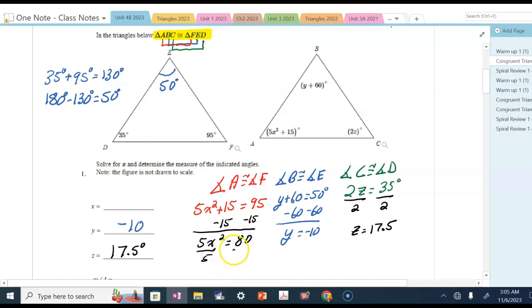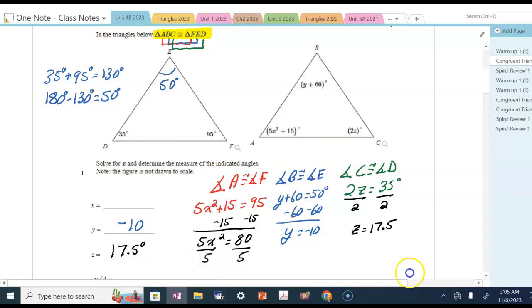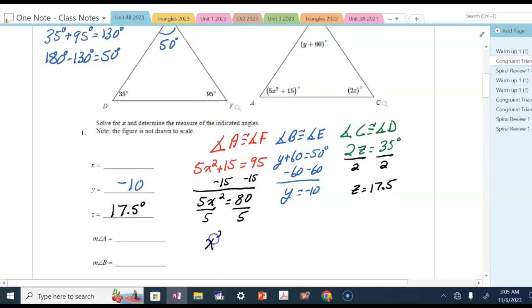Divide by 5. X squared is equal to 16. So x is plus or minus the square root of 16, which is plus or minus 4.